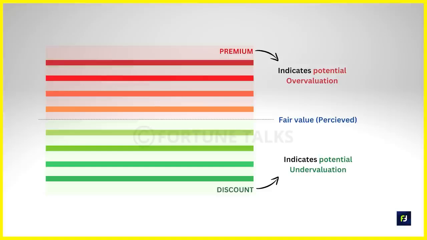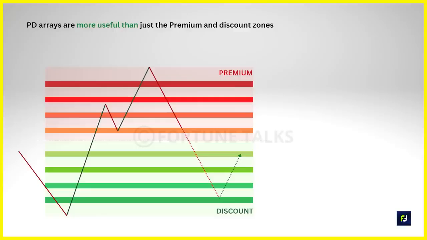You already know how to plot these premium and discount zones. And as a matter of fact, you also know that this method of categorization allows traders to gain insight into the potential market turning points by identifying where the market might switch from a state of overvaluation to undervaluation and vice versa.